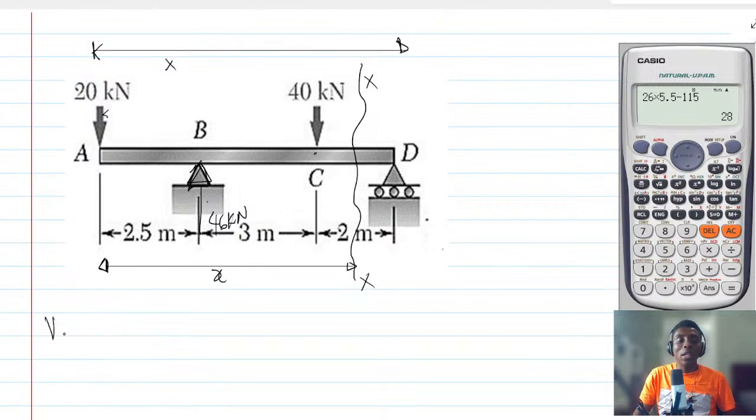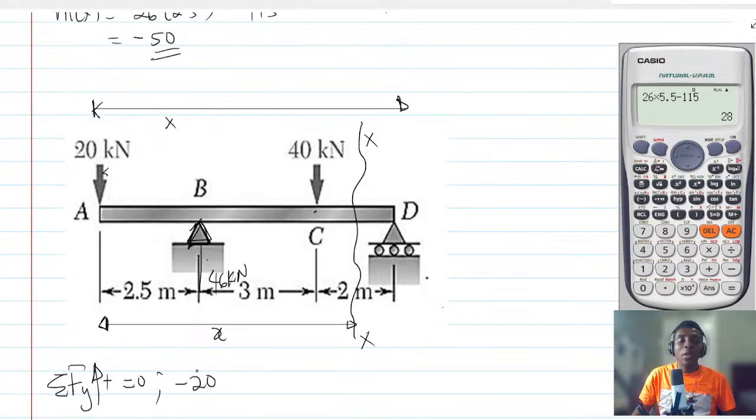So let's look at the shear force. Sum of vertical forces to be 0. So we have minus 20 coming down, we have plus 46 going up, we have minus 40 coming down.